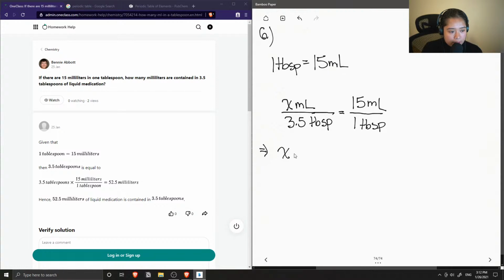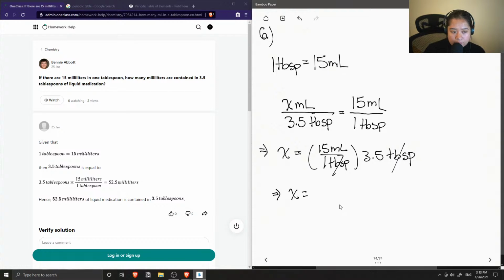If we multiply both sides by 3.5 tablespoons, you get the following. And our units for tablespoons will cancel out. You multiply 15 mL by 3.5, and you get x is equal to 52.5 milliliters.